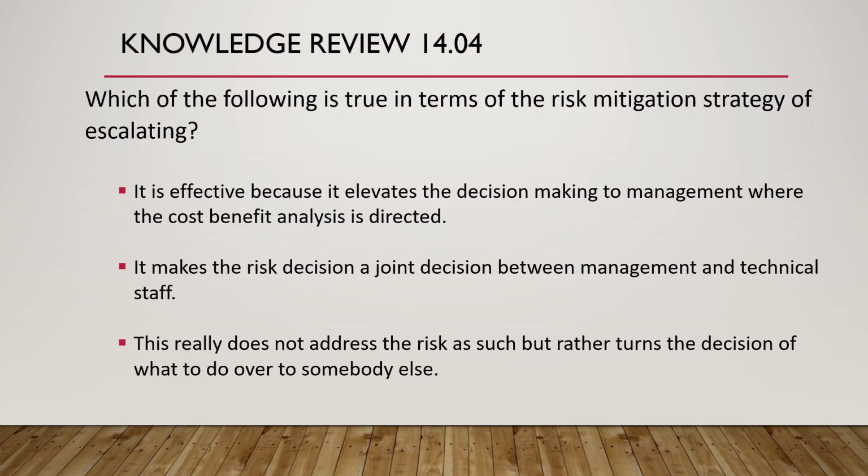It is effective because it elevates the decision-making to management where the cost-benefit analysis is directed. It makes the risk decision a joint decision between management and technical staff. Or this really does not address the risk as such, but rather turns the decision of what to do over to somebody else. The answer to this question is this really does not address the risk as such, but rather turns the decision of what to do over to somebody else.